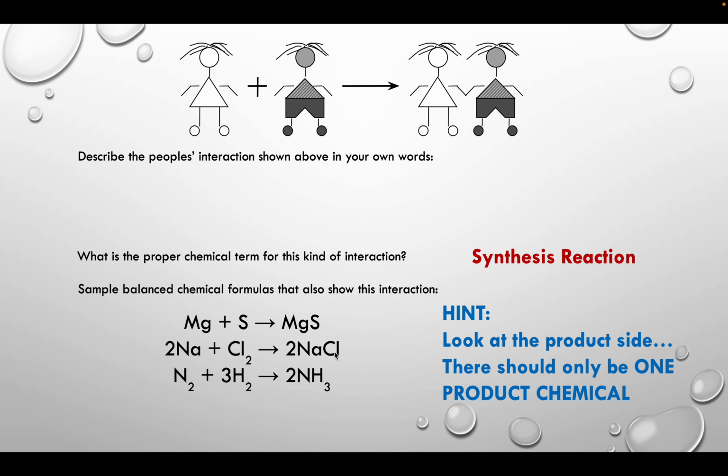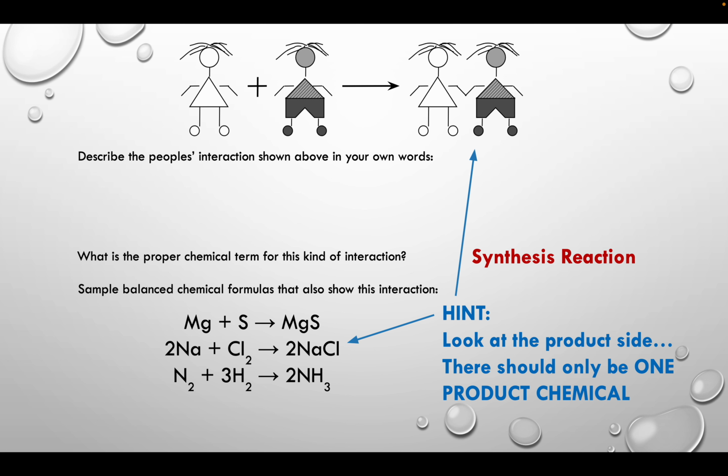That's 2 sodium chlorides. Isn't that 2 chemicals? No, it's two molecules, but they are the same chemical, right? Same thing down here with ammonia. I only make ammonia. It's not important that I make 2 or 3 or 4 of them. It's just that I have one chemical. There's no plus sign on the product side, on the right side.